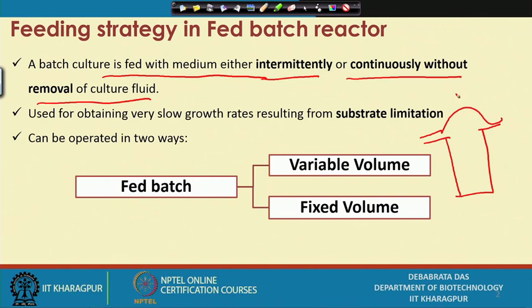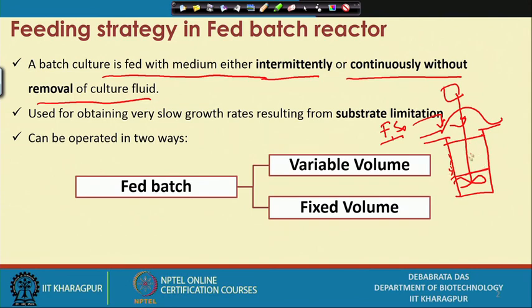We start with a small volume, and there is the input, we may pass a particular flow rate of substrate, but slowly, so the liquid height increases, and when it comes here, then we stop the flow, let the reaction complete, then we take the liquid out.